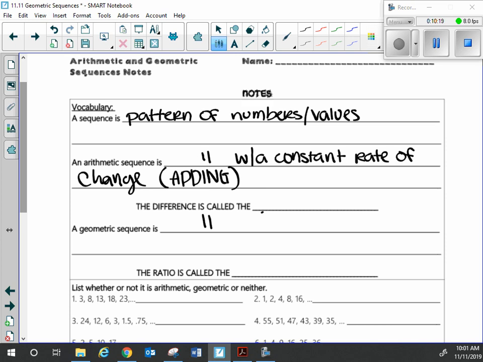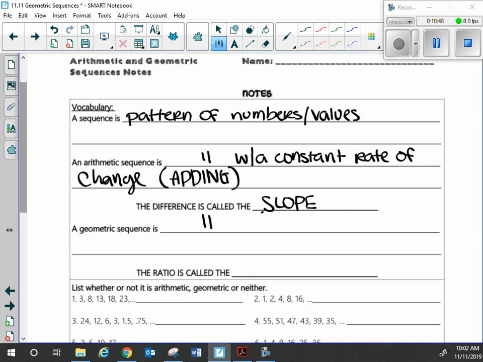Our common difference. A lot of sequences relate nicely into other parts of our content. So when we did arithmetic sequences, we led them into linear functions, so that the difference is also called your slope. Now we're doing geometric sequences, and our geometric sequences are going to lead us really nicely into exponential functions.